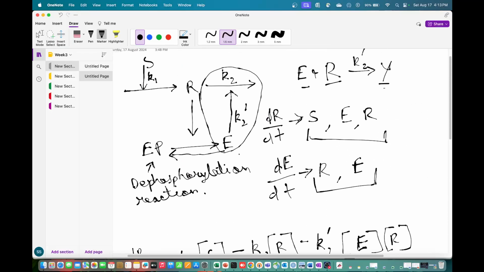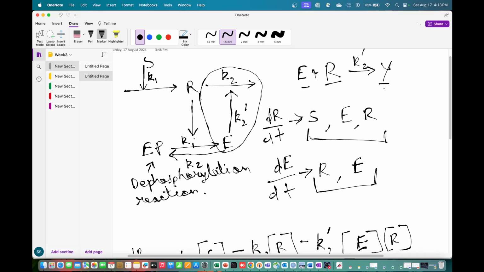So let's assume the forward reaction is K1E. Sorry, K1, not E. The forward rate of the reaction is K1, and the reverse rate of the reaction is given by K2, right? So we have already taken K1 and K2.